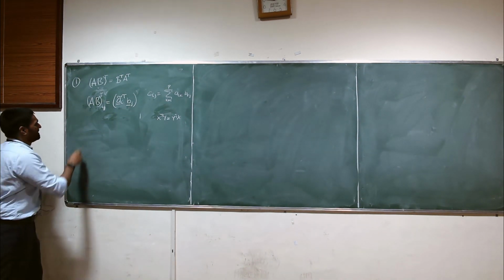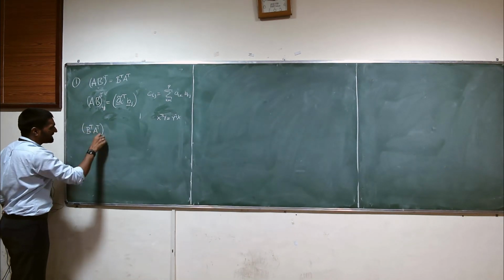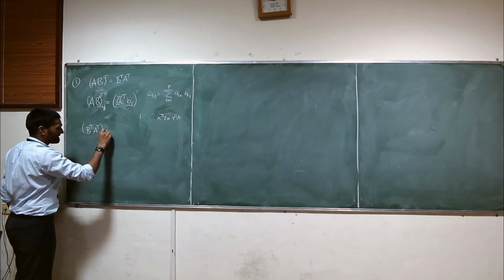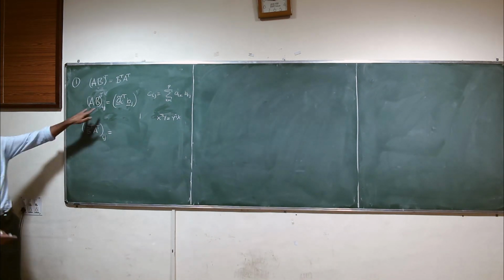Okay. What about this? What about the ijth element of this matrix? Hold on. Is my argument correct?